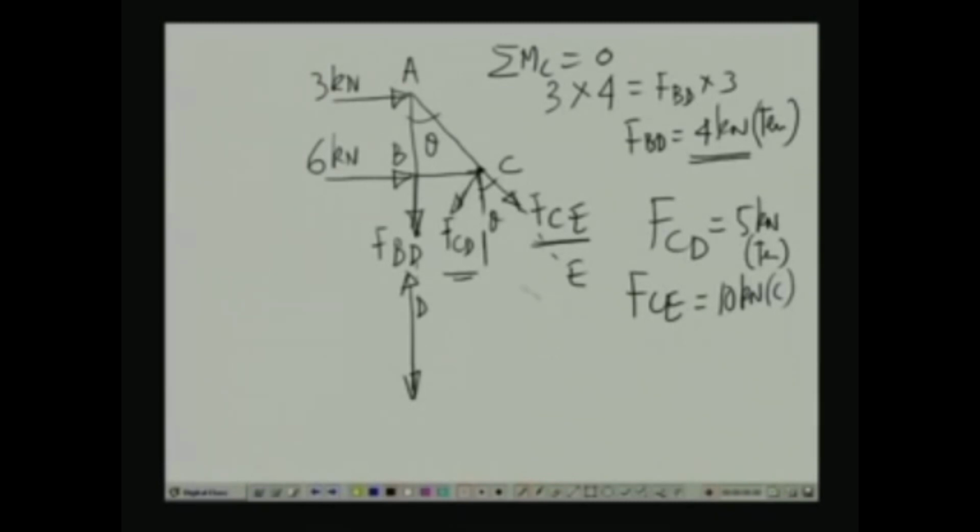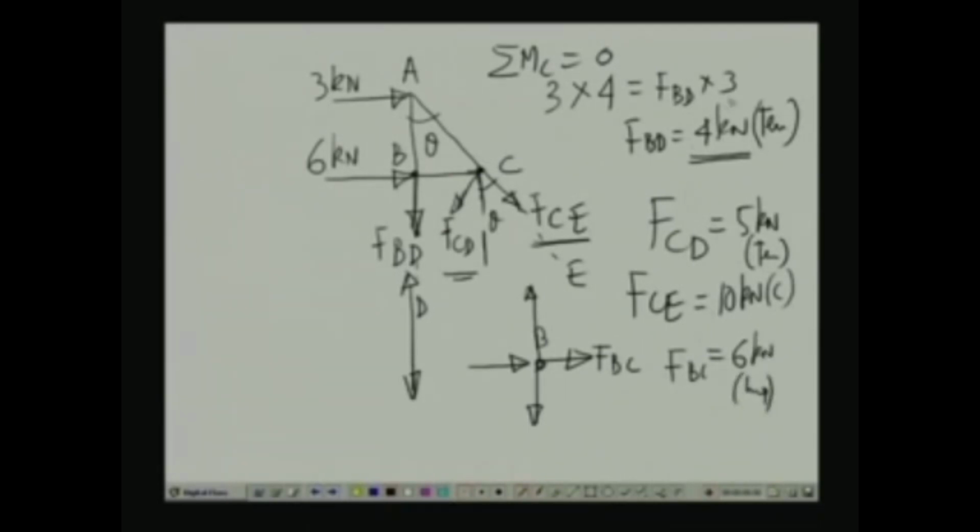And so, we have seen AB, AC, BD, CD, CE, and the member which is remaining is BC. If we take the equilibrium of this particular joint, we have a 6 kilonewton force here, this is joint B, we have member AB, we have member BD, and we have member BC, for which the force will be FBC, and the value of FBC from this will come as 6 kilonewton, which is a compressive force.